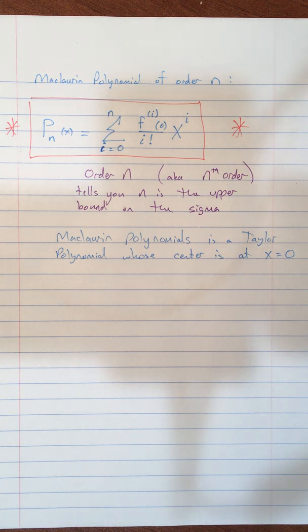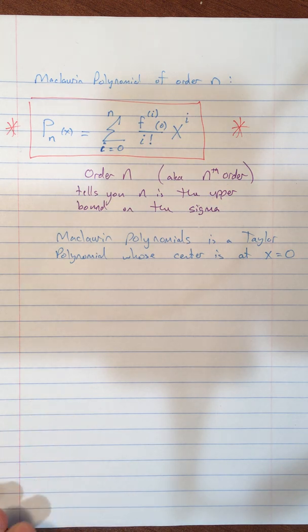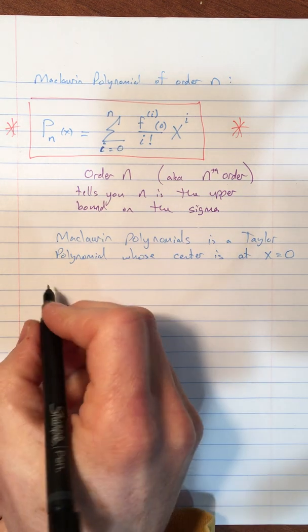So what would that make our equation for a Taylor polynomial? Let's go ahead and write this. And this, I suppose, is probably our more important equation.